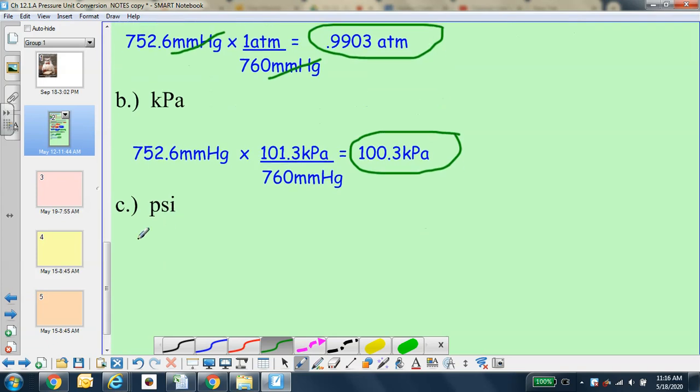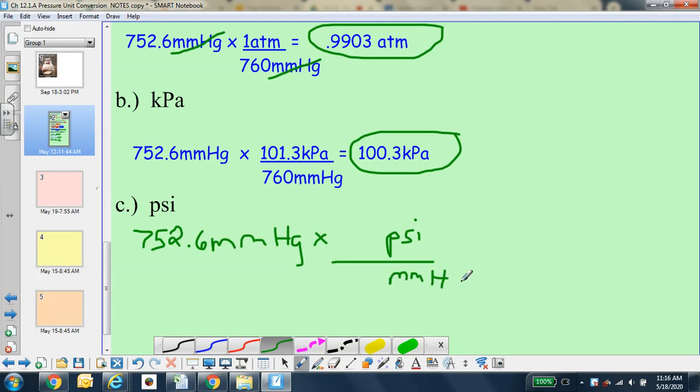And for our last problem, again, we start off with our original 752.6 millimeter of mercury. We are going to go to PSI. That unit goes on the top. The unit that we want to cancel goes on the bottom. And we need some numbers to go with each. 14.7 goes with the PSI. 760 goes with the millimeter of mercury.